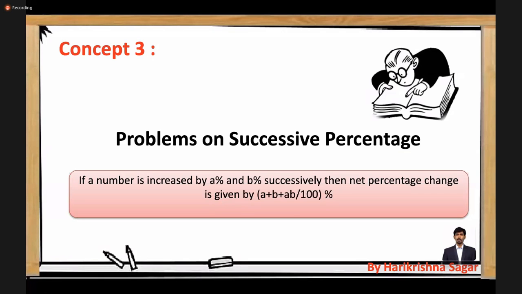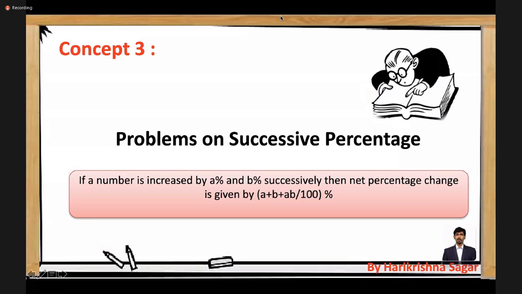How to solve successive percentage questions, and how can we proceed with the solution? We'll have a discussion. I will just discuss the concept once. Please try to understand. Anyways, we'll continue in the next session.